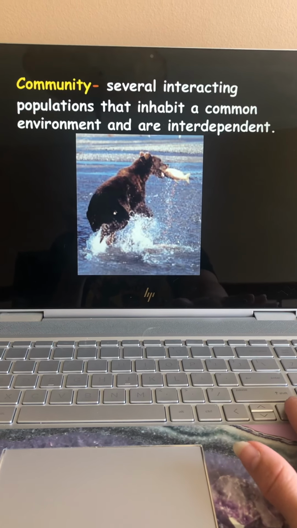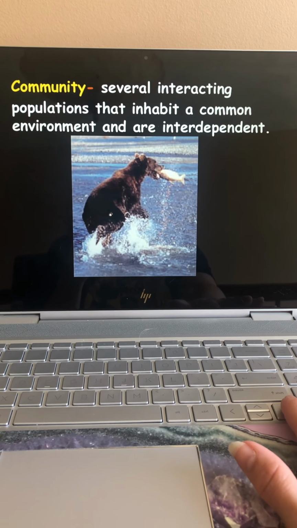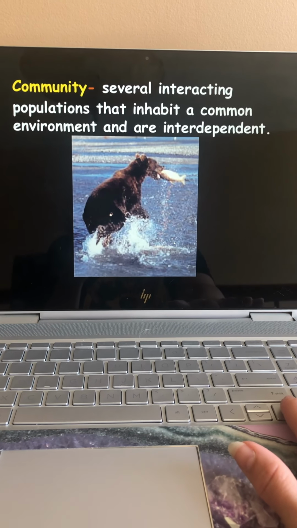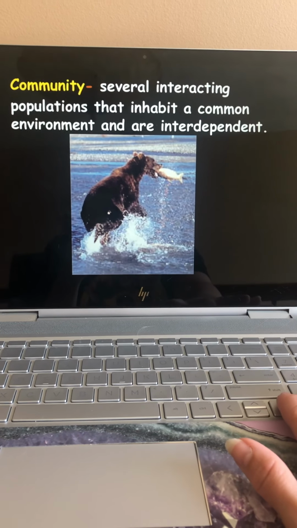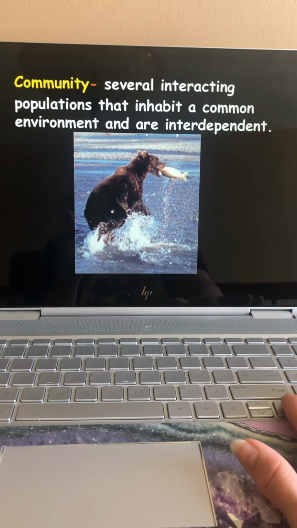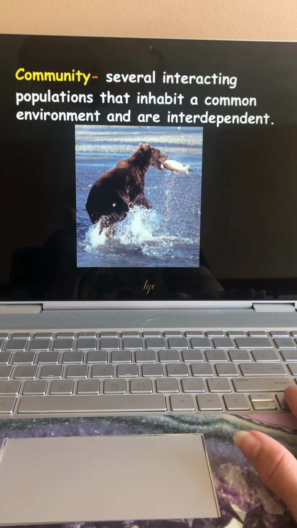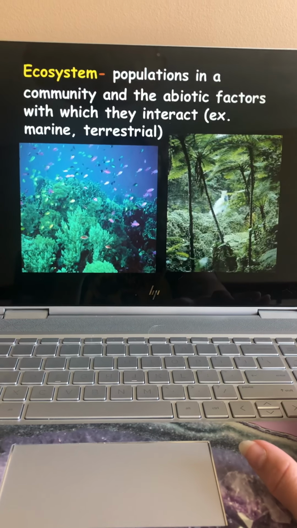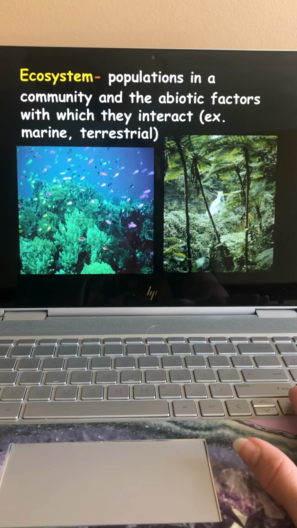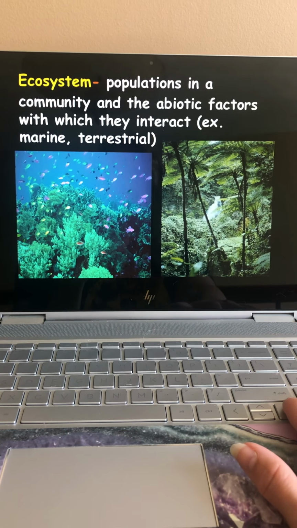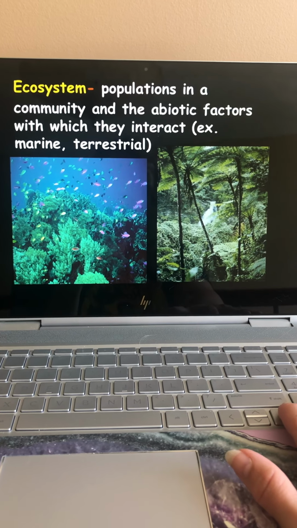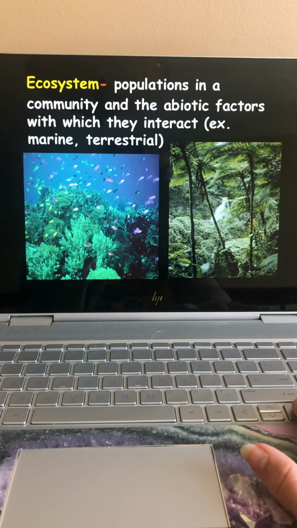In other words, we're not the only creatures that walk this planet. We also have a bunch of other living organisms that populate the earth. So when we add all those populations together, we make a community. An ecosystem, populations in a community, and then we now add the abiotic factors and see how they interact together, because you know that we can't go without water.